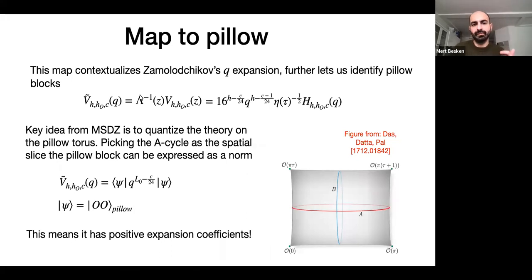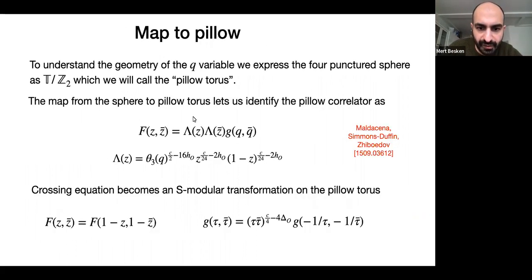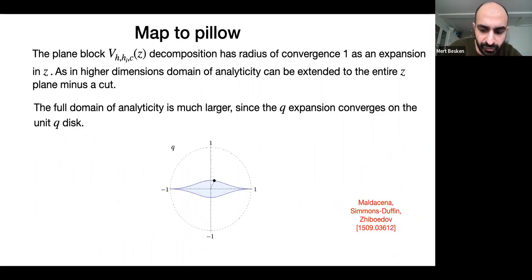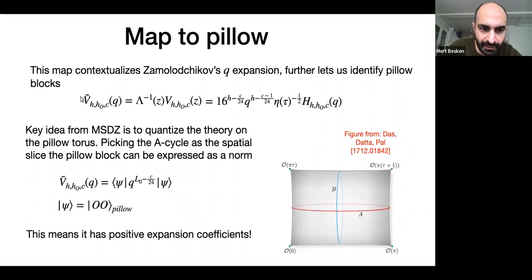So this map, as I was saying, contextualizes Zamolodchikov's q expansion, and it further lets us identify the pillow blocks. Using this map, the holomorphic part of it, if the pillow correlator has an expansion in pillow blocks, it will have lambda to the minus 1 multiplying your plane blocks. So here I'm defining pillow blocks: they're the same as your plane blocks multiplied by this lambda function.